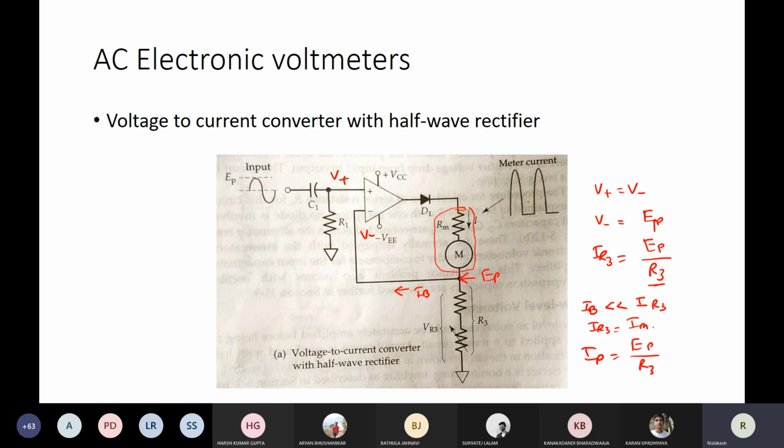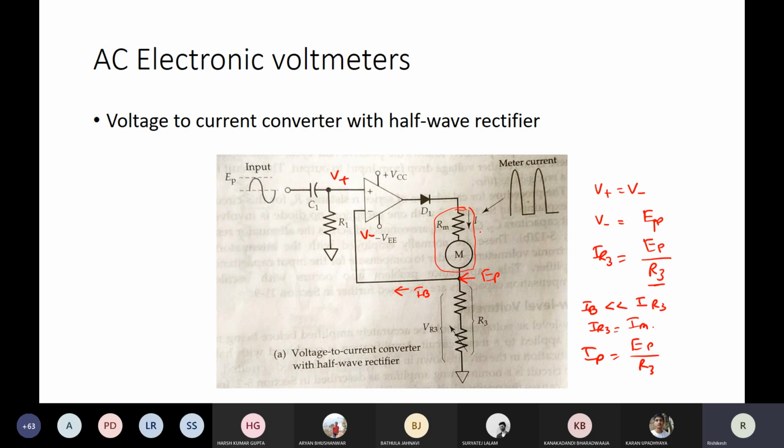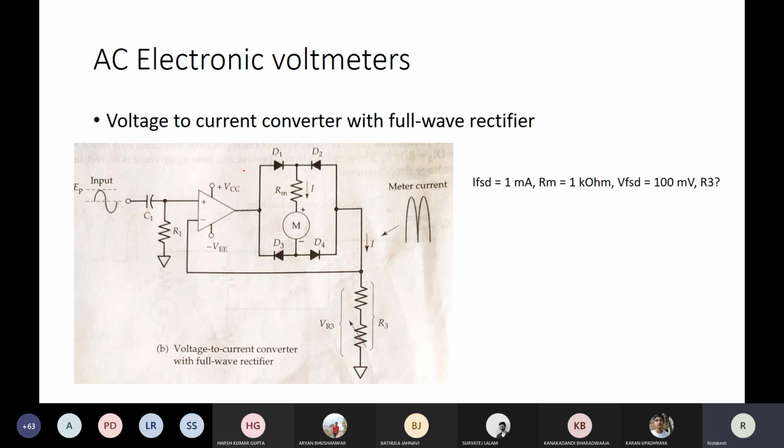Now till now we were only discussing half wave. We have also discussed in the previous case about full wave, where we have to utilize 4 diodes for generating the output for both cycles, where both cycles are positive. So you see here, in this case it was a half wave rectifier, here it is a full wave rectifier, right?